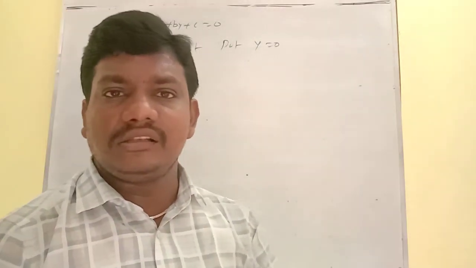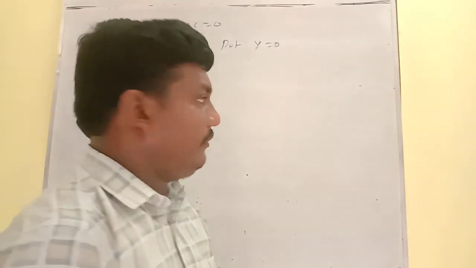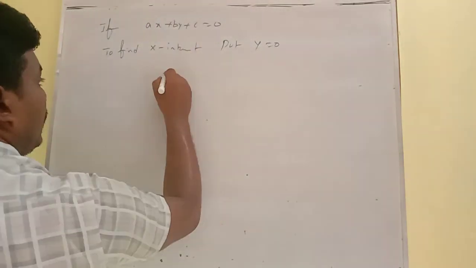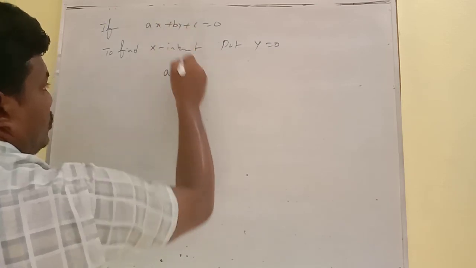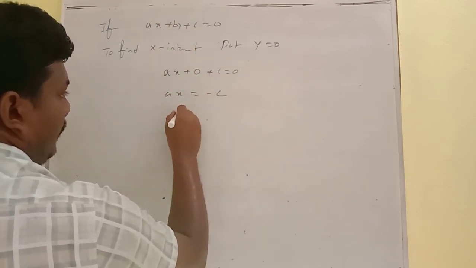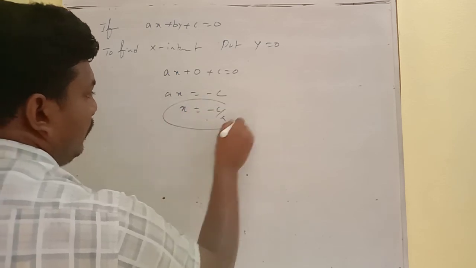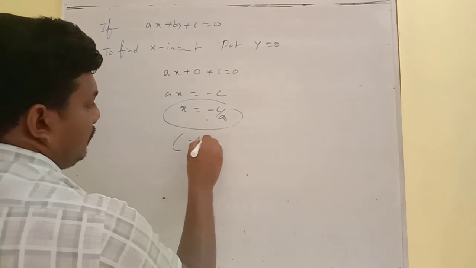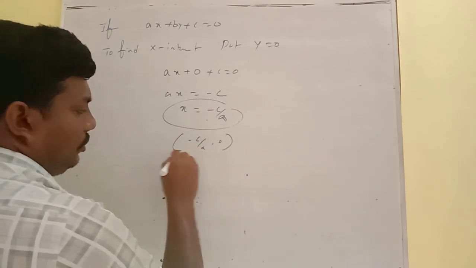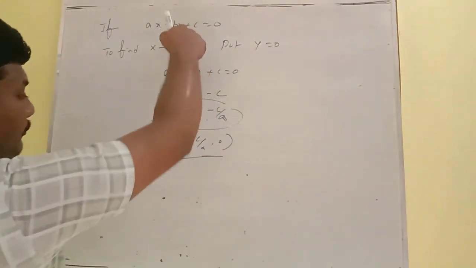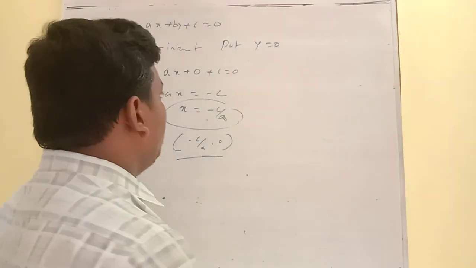That means on the x-axis there is no y value. That's the reason we take y is equal to 0 on the x-axis. Then ax plus 0 plus c is equal to 0, so ax is equal to minus c. Then x is equal to minus c by a. So the x-intercept is the point (minus c by a, 0), where the line touches the x-axis.